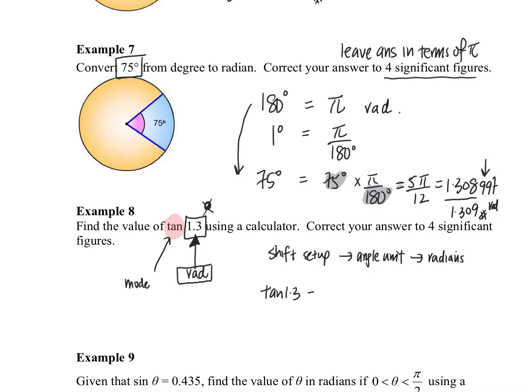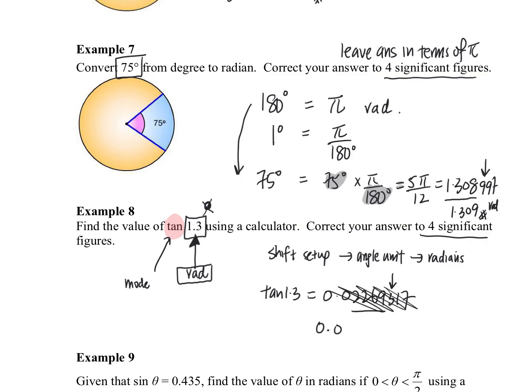It will give you 0.02269317. But question say 4SF. So the first non-zero number is the first significant figure. So 4 numbers, look to the right. Oh, mine is not radian, sorry. That's the problem.